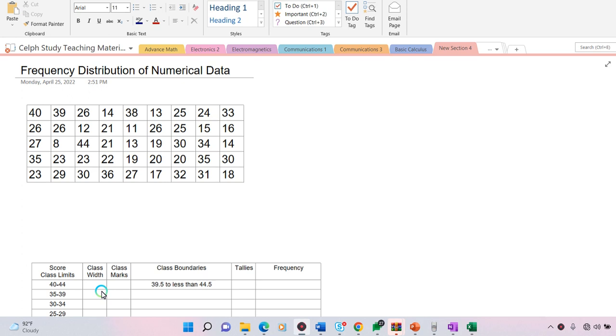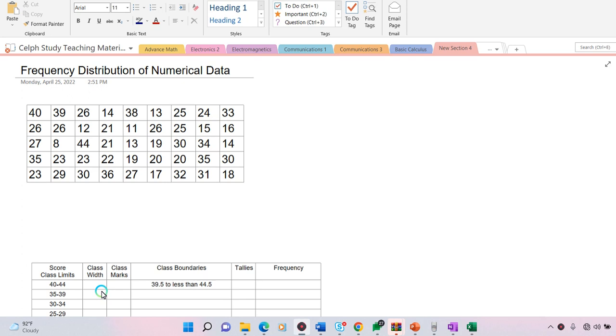So, the number of classes may be determined by your data manager. The number of classes is usually from 5 to 20, or any possible range, which is computed using a specific formula.